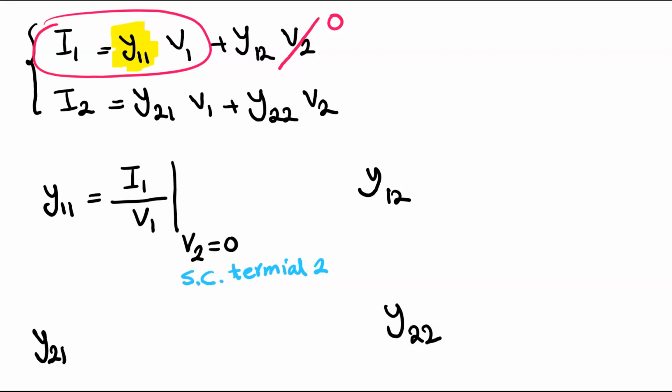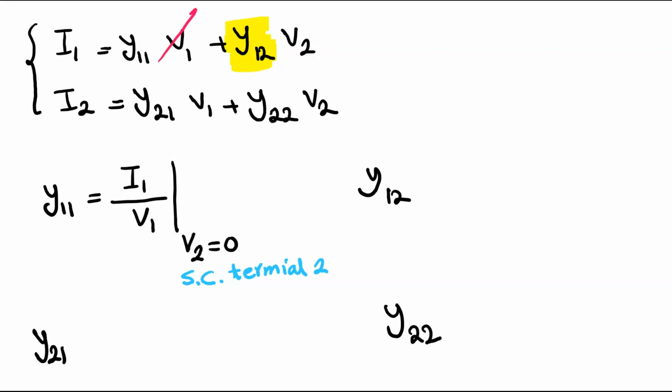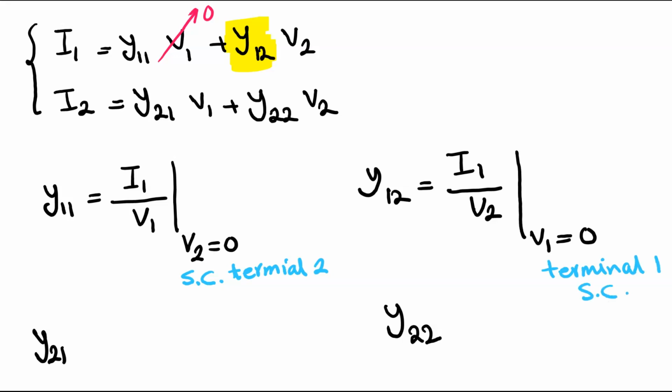Now, if I'm looking for Y12, this time I'm looking for this parameter. So I have to make sure the other parameter is 0. So I have to short-circuit terminal 1. So V1 should be equal to 0. Then in this scenario, I can describe my Y12 as I1 divided by V2, with the constraint that V1 is equal to 0. So just to remind you again, this time I have terminal 1 short-circuited.